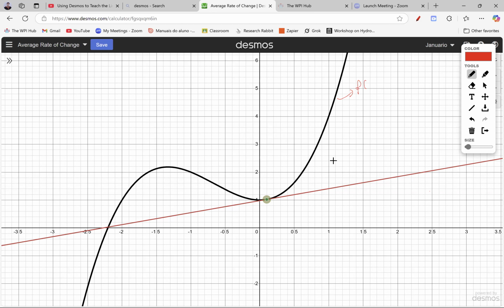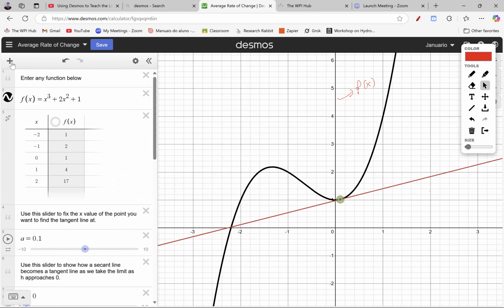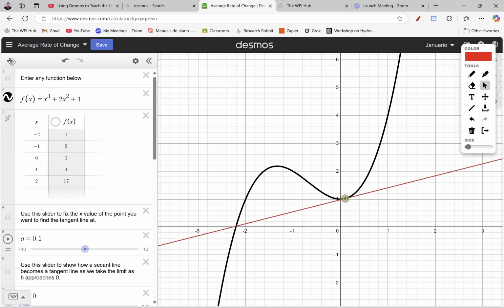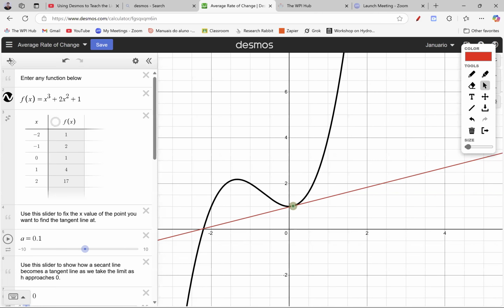So this is your function f of x. Well, in this case, this f of x is represented by, let's see, what formula did I use? f of x is equal to x cubed plus 2x squared plus 1.